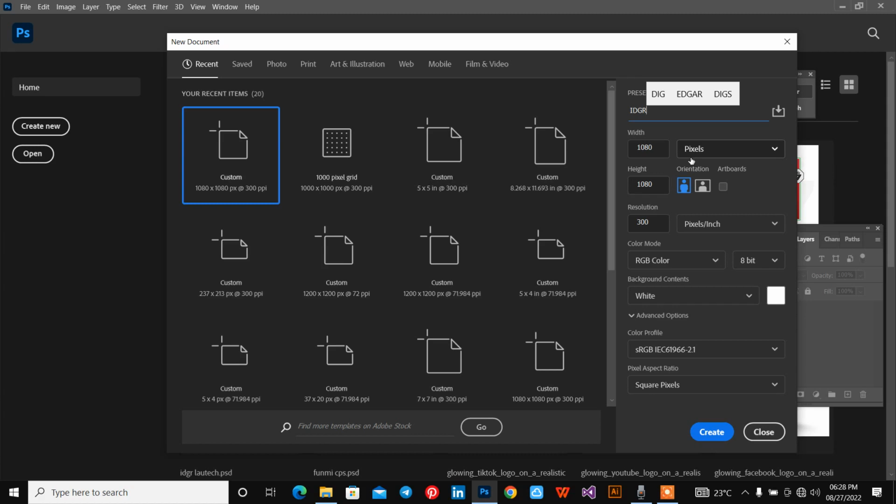The third is the user interface graphic design. Fourth, publication graphic design. Fifth, packaging graphic design. Sixth, motion graphics design. Seventh, art and illustration graphic design. And eighth, you have the environmental graphic design.